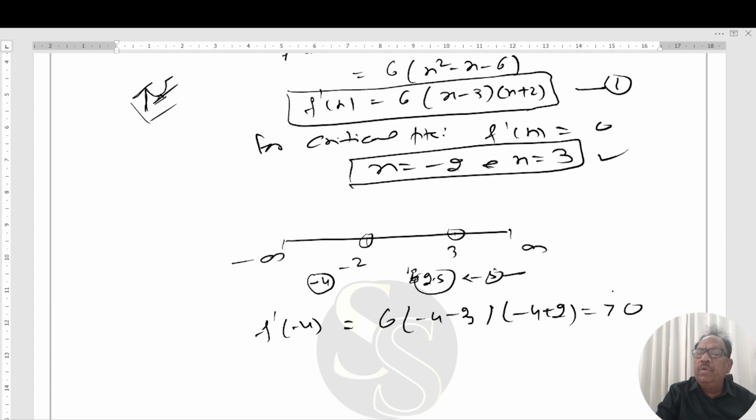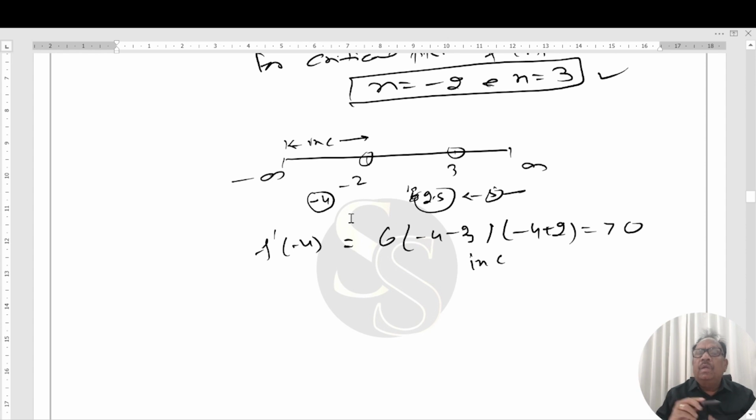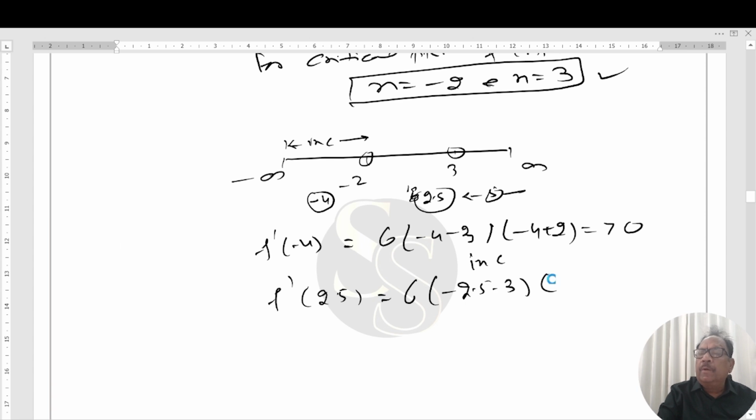So it is greater than 0, so increasing. In this interval, it is increasing.